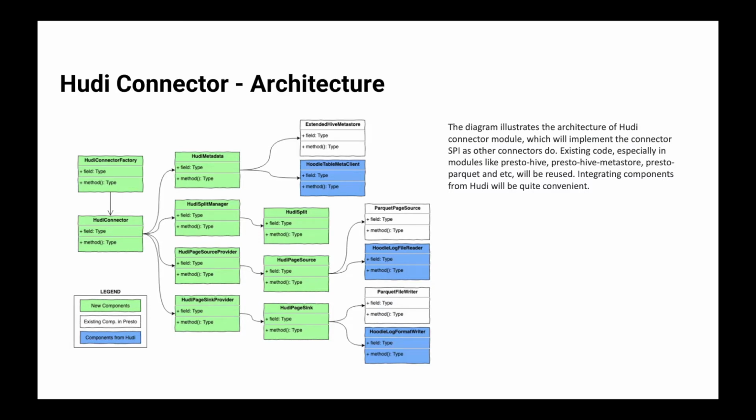Now the picture shows the Hudi connector architecture. The Hudi connector, like the other connectors, implements the connector SPI, like the Hudi metadata, Hudi split manager, and Hudi page source provider.